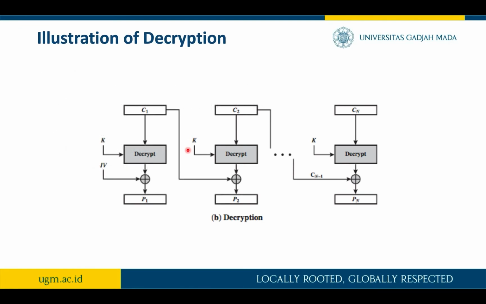Yeah, this is the illustration of the decryption. So here for the first ciphertext block, we need to decrypt it using the key K. Then the result must be XORed with the initial vector to produce the first plain text block.